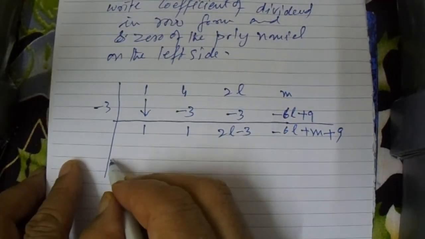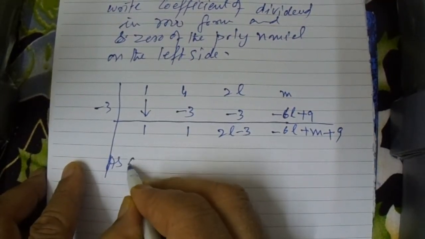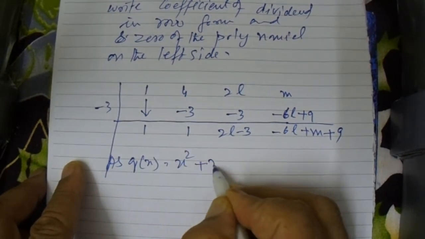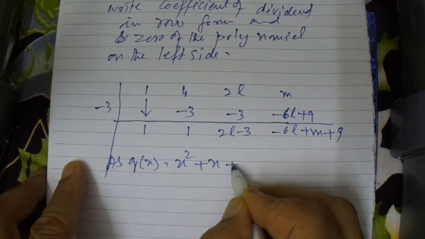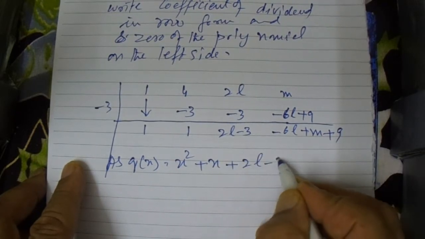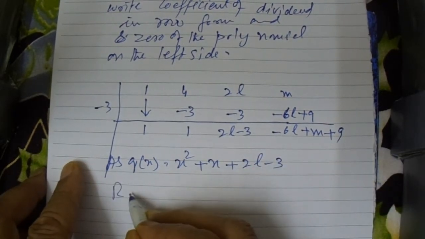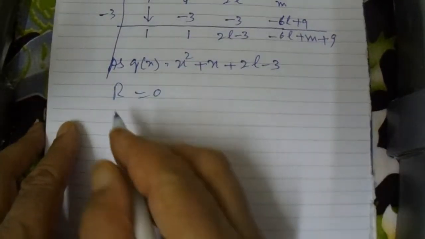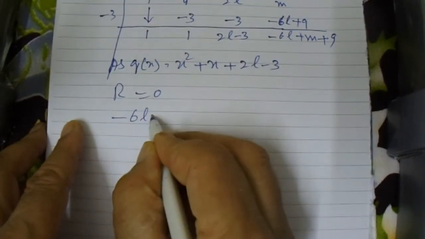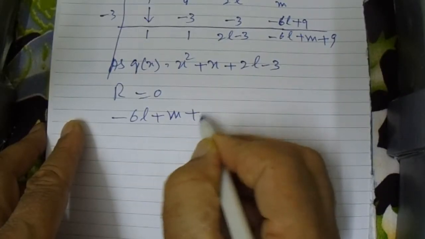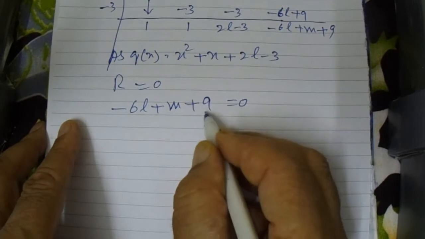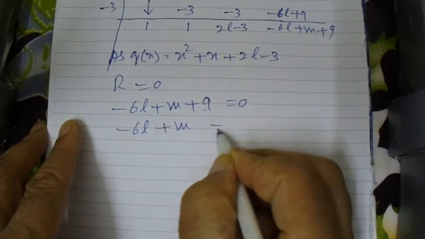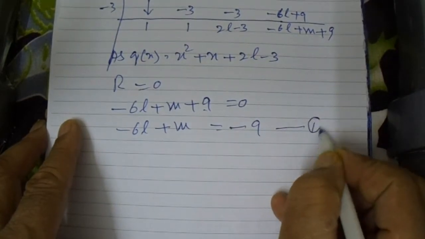The quotient is q(x) = x² plus x plus 2l minus 3. Now the remainder r is 0, so minus 6l plus m plus 9 is equal to 0, that is, minus 6l plus m is equal to minus 9. This is our first equation.